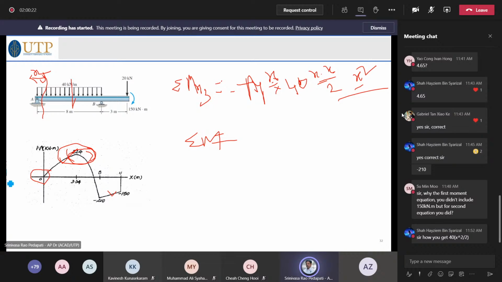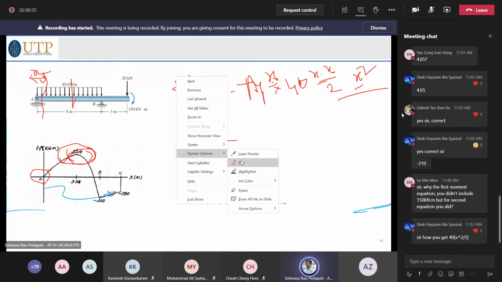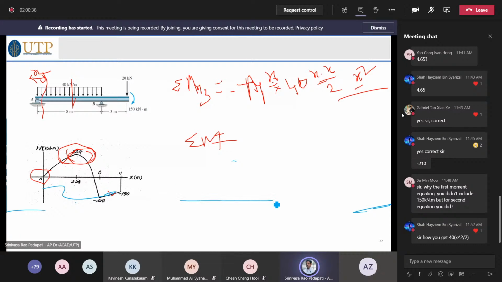So in the diagram, we mark first point A and the next point, the top point, and where it changes its direction, the salient features, and then we know where it is, and then we try to draw the figure, something like that.